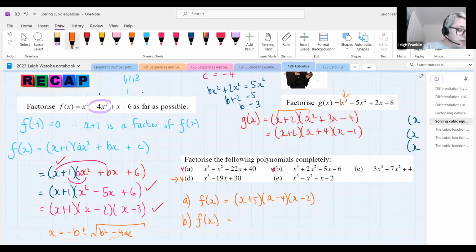For f of x in B, you should have got one of your brackets as x minus 2, another bracket as x plus 1, and your last bracket as x plus 3 for B.